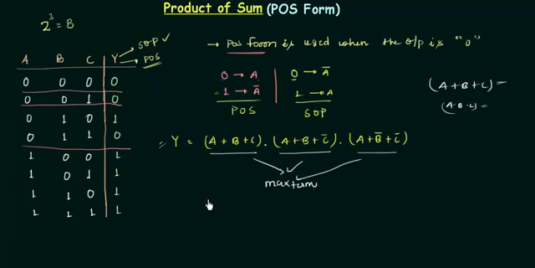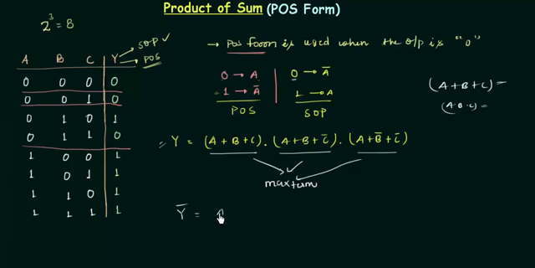So let's try to prove that we can have the POS form from the SOP form, and I will consider the output when it is low. So Y is now Y complement, because you can see in SOP form when 0 we write complement, and here function Y is 0, so I will write Y complement. It is 0 for three cases. Let's find the first case in which A is 0, B is 0 and C is 0.